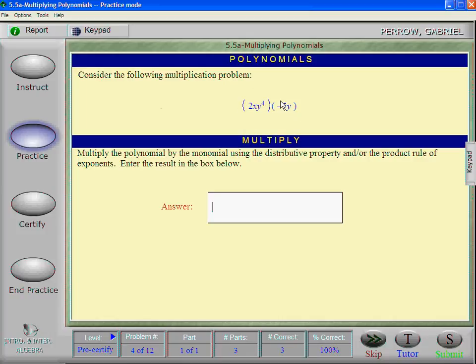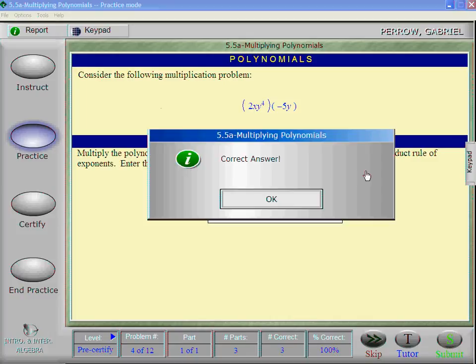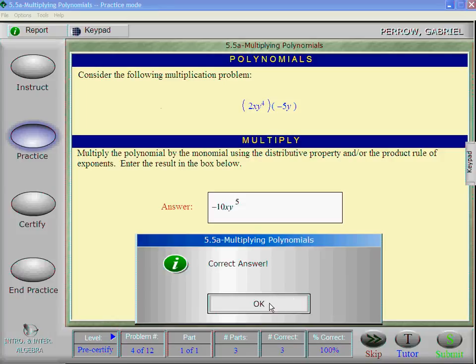It's really this guy times this guy. And we could just say 2 times negative 5 is negative 10. You get an x, and then y to the 4th times y is y to the 5th, remember. Add the powers. Negative 10xy to the 5th.